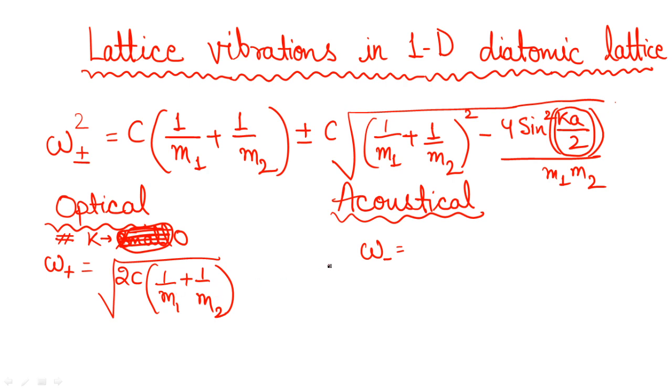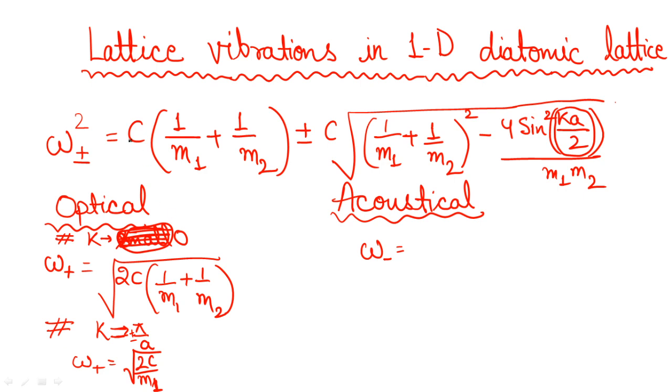After this, when we consider the Brillouin zone boundaries, you will consider k equal to plus minus pi by a. Both you can take. Then for the omega positive value, after putting that value in place of k, you can check it and do the calculation steps, you will get the same result: root 2C upon m1.